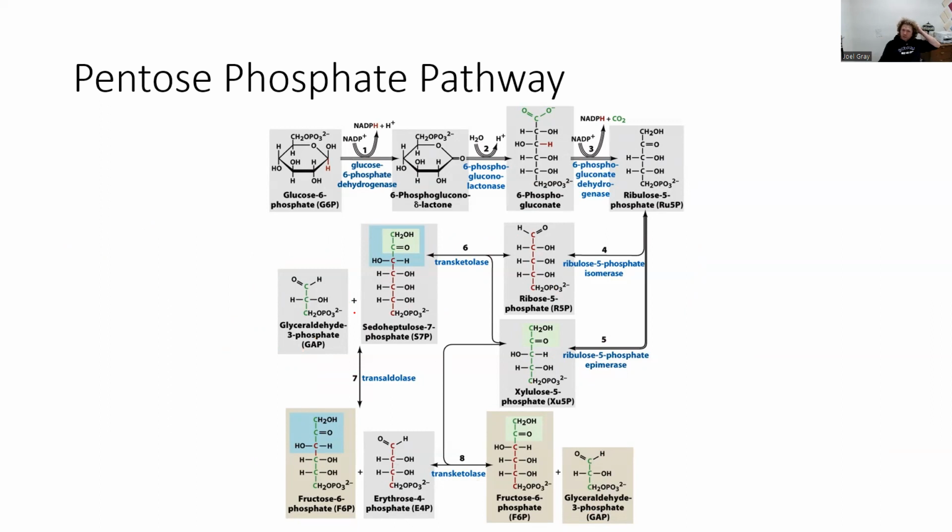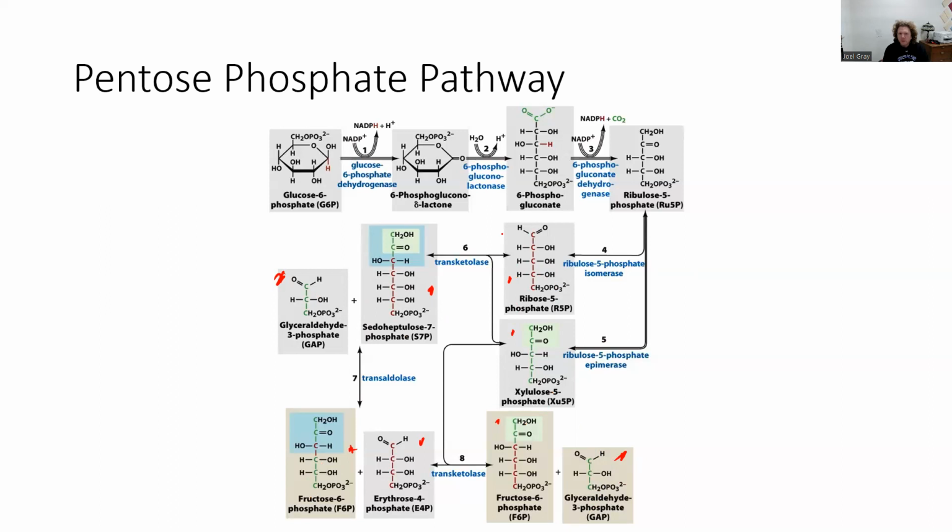So whenever there's an excess of glucose, you can make some glucose 6-phosphate. And that glucose 6-phosphate can go through and fill up the glyceraldehyde 3-phosphate, the sedoheptulose 7-phosphate, and the fructose 6-phosphate. You can fill up, not necessarily all the way, but you can add enough of each one of these components so that this pathway can be initiated when one of these molecules is needed.